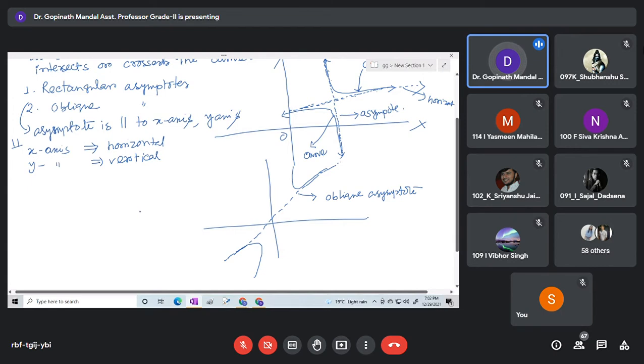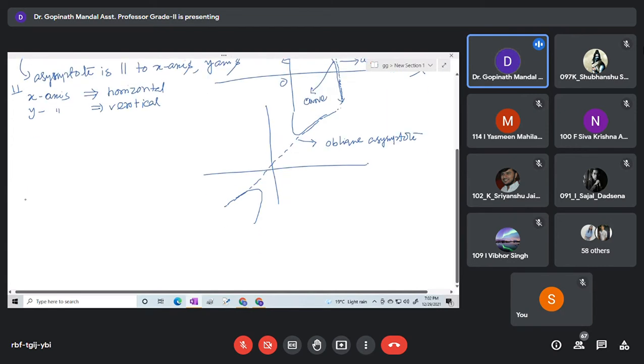Now the method of finding asymptotes of a curve. First, the rectangular asymptote.